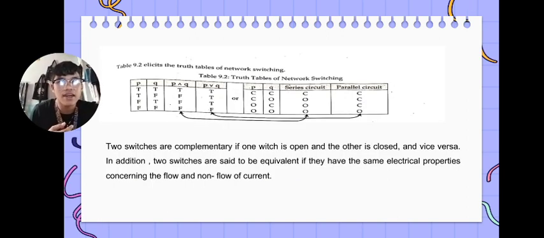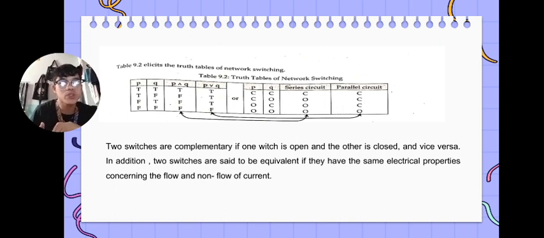Next are the truth tables of the switching network. P and Q are like a series circuit. The two switches are complementary if one switch is open and the other is closed, and vice versa.